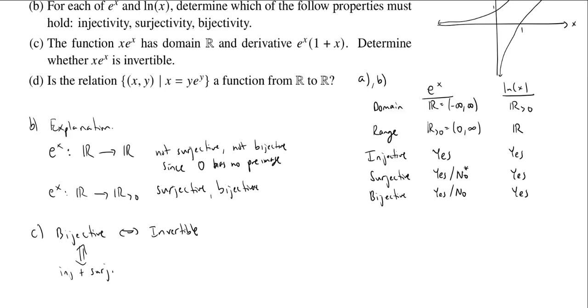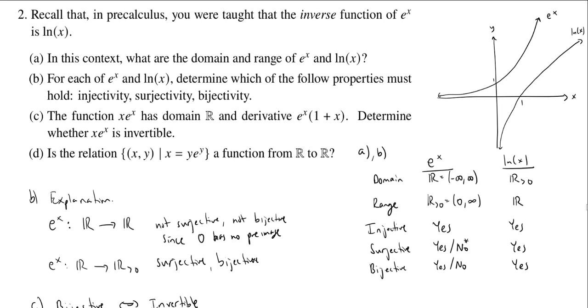Injectivity, again, says every element of the range is going to have at most one preimage. Now, if we go back to the graph of e to the x, we saw we could test injectivity by using horizontal lines. We can pick any y value and ask, does this horizontal line cross the graph twice?